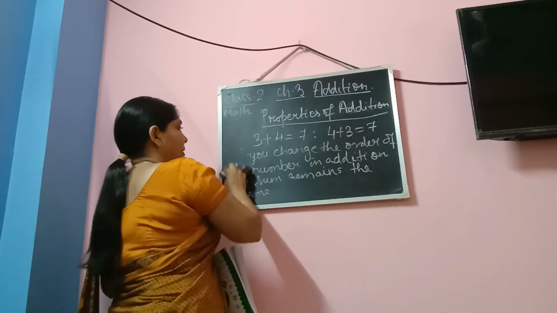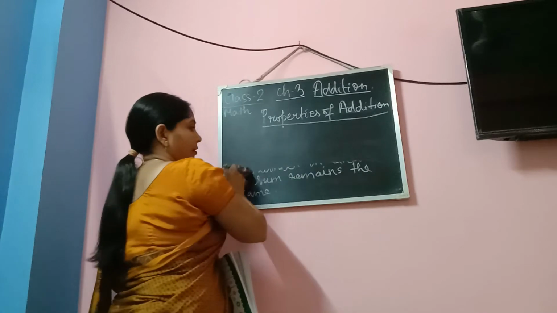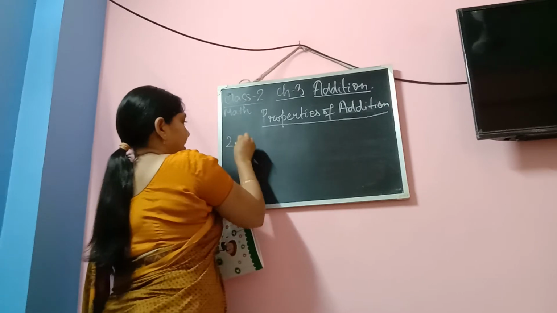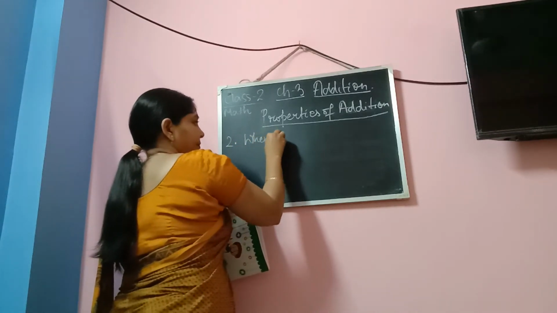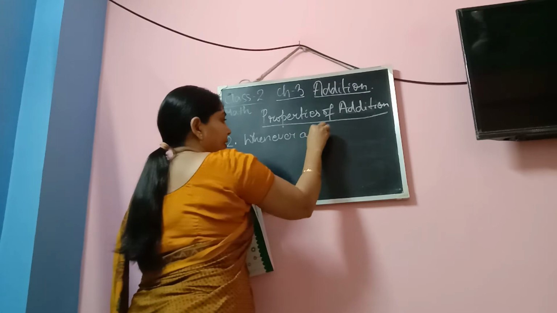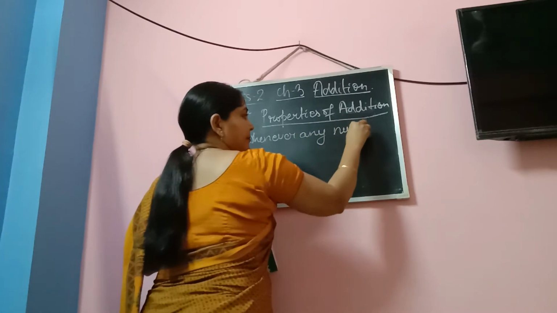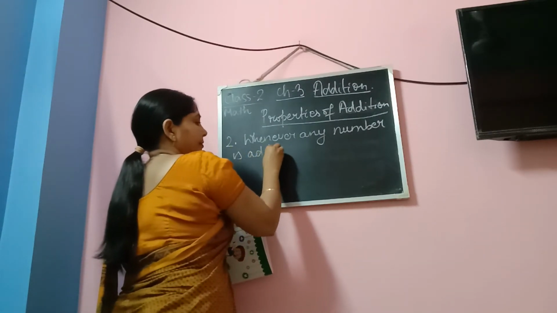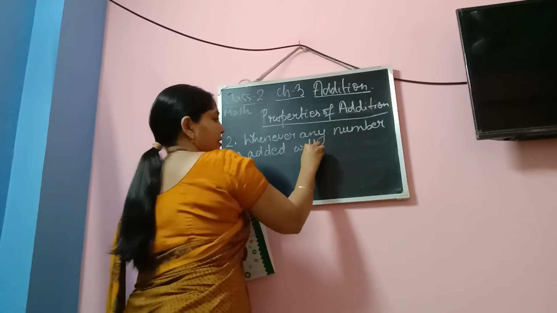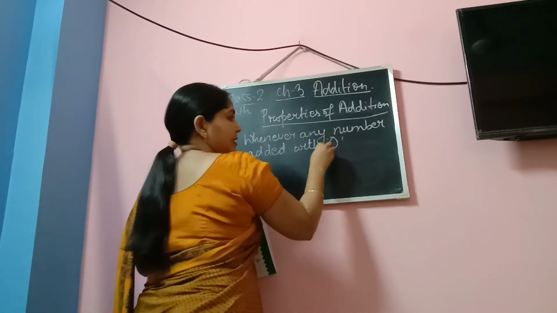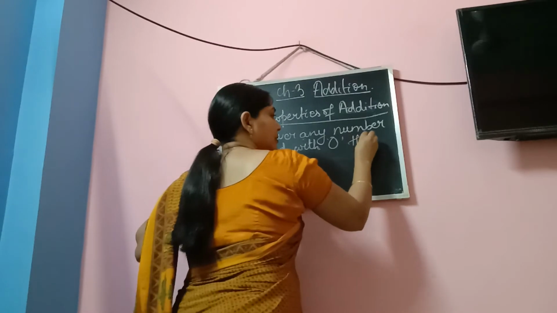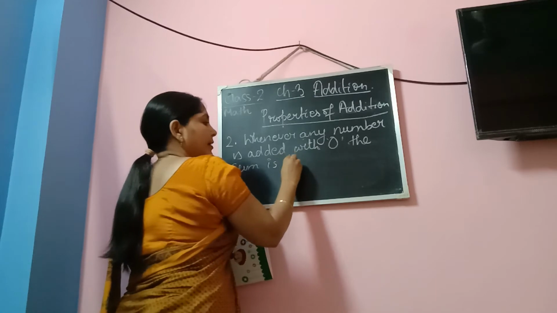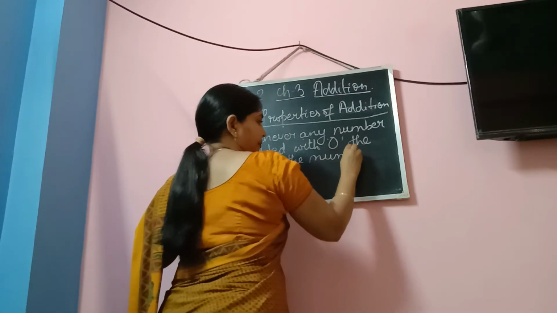Okay. The second property says whenever any number is added with 0, this is 0, okay, the sum is the number itself.